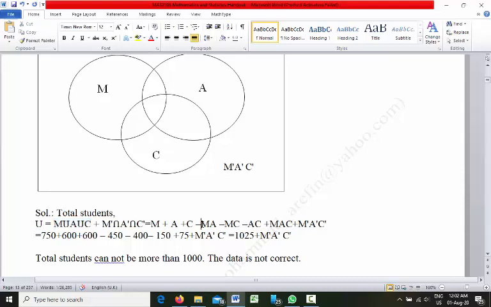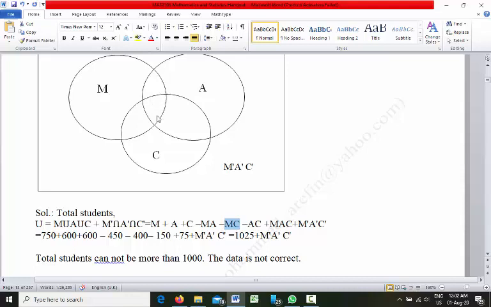I'm saying again: first we get MA, these two, and with M we get C, MC, and then the remaining two, AC. So M plus A plus C minus MA minus MC minus AC, plus the MAC portion.